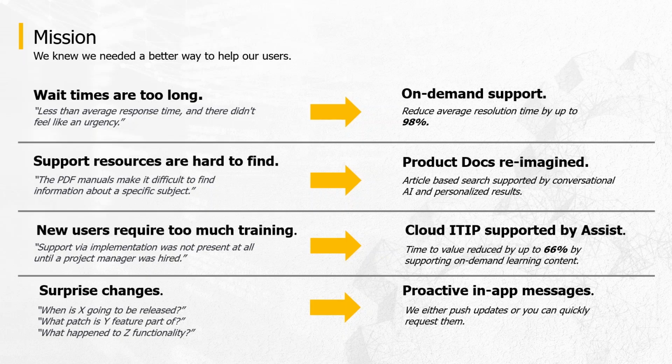And of course, our extensive implementation programs are extremely valuable, but not always for different audiences. And of course, this is one that I resonate well with from our calls on the CMUG cloud, is surprise changes. We're always getting questions when something's going to be released, what patch is something on, and what happened to certain functionality. These are all initiatives we're looking to improve upon with this service, and that we've already witnessed a little bit of success in the 3 months that it's been out so far.